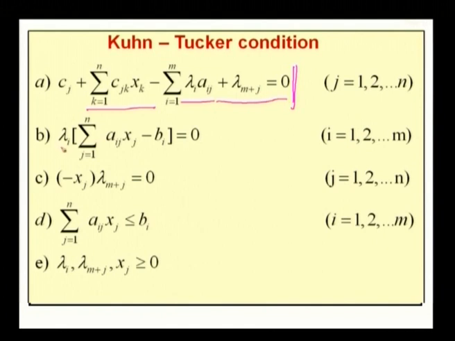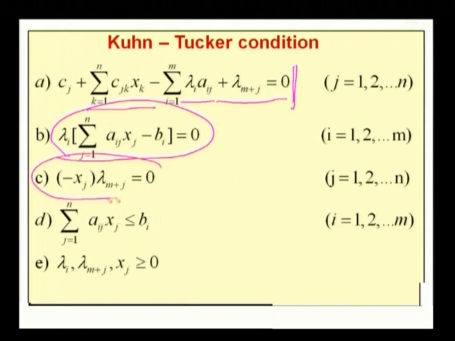The second condition, lambda i hi equal to 0, gives lambda i into summation aij xj minus bi equal to 0. Applying the same condition for the non-negative constraint, we get minus xj into lambda m plus j equal to 0. Then h of x less than or equal to 0 gives equation D, summation aij xj less than or equal to bi. Of course, lambda i, lambda m plus j and xj are greater than or equal to 0.